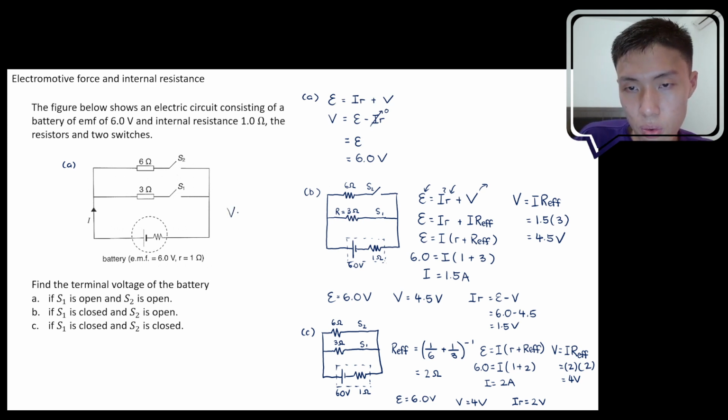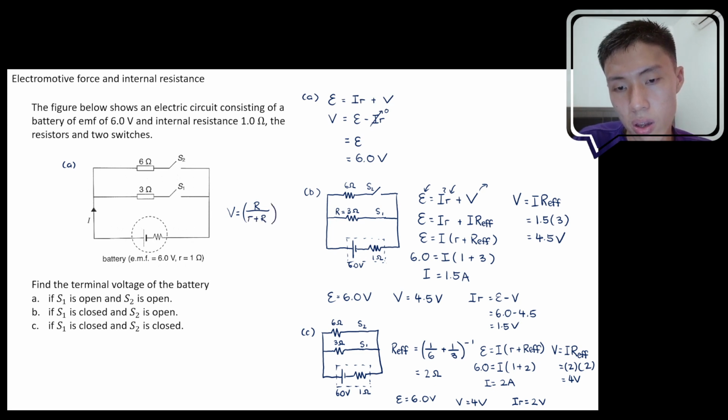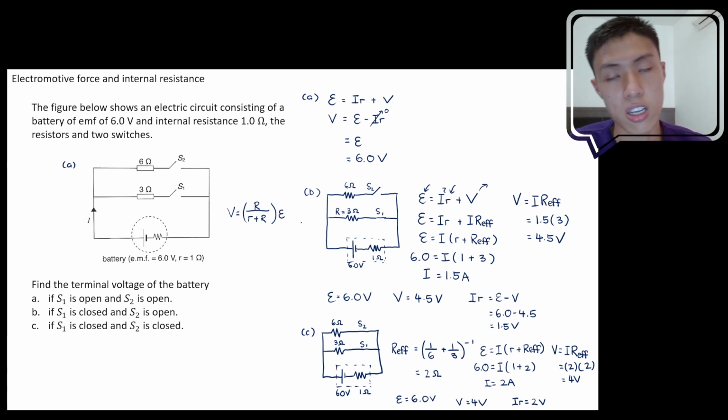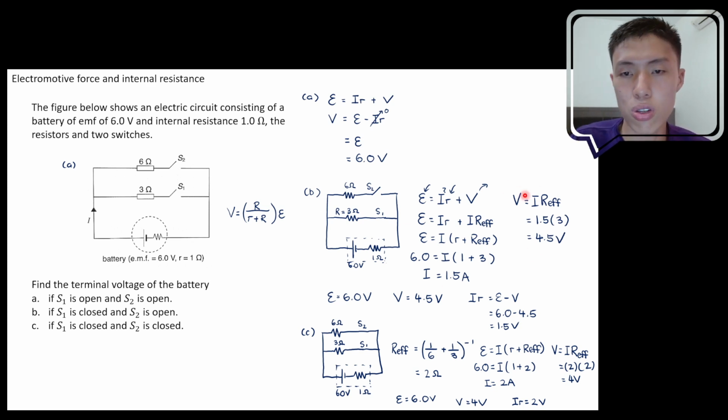If I want to know what's available for the external circuit, you can say that this is R. You know that this input will be shared between small r and big R, but we are interested in what's available for large R, the external resistance, only. So who's the input? The electromotive force. Okay, so this is one way of solving a question using the concept of potential divider. Earlier we just used the concept of Ohm's law, but here we use the concept of potential divider. Both work, and both use a similar concept actually.